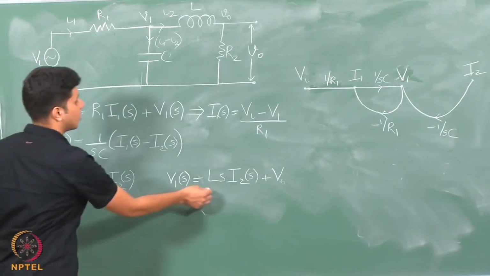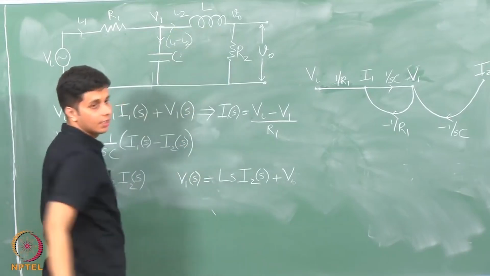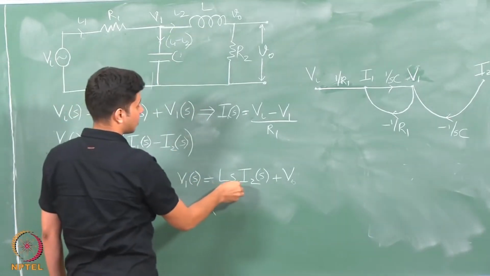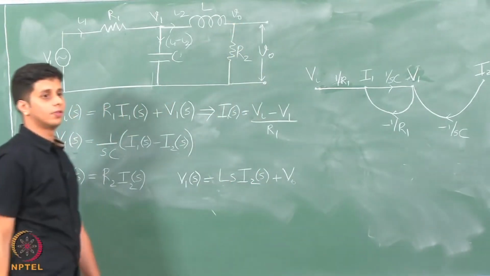This is fine, right? Because this is current I2 and this is an inductor, I can write it as L times S into I2 of S plus the voltage here, which is V naught.